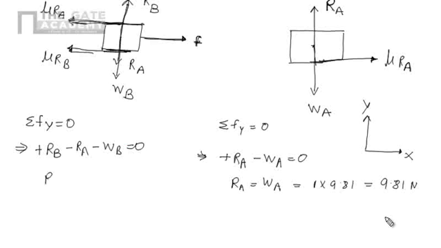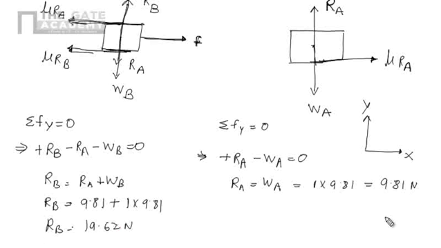So RB here will be RA plus WB, and we know the value of RA, it is 9.81, plus similarly the weight of B, that is 1 kg mass, so 9.81. So RB will be 9.81 plus 9.81, it will be 19.62. So the value of RB will be 19.62.